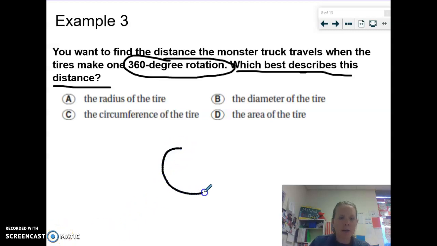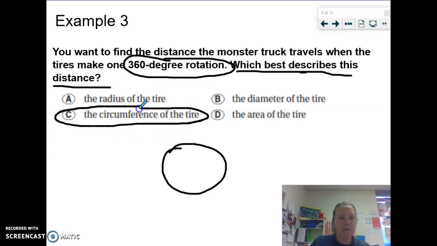If I was to draw a tire like this, what kind of measurement is this? Went all the way around. What shows me a 360-degree rotation? In this case, it is going to be my circumference of the tire. It is not your radius, your diameter, and it is not your area because your area is going to be the entire thing. I only want the part that's around it.